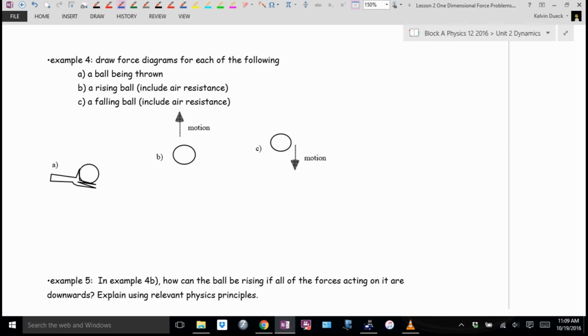Okay? What are the forces in situation A? Get the obvious one. Okay, so I would have gravity down. We could call it a normal force because it's a surface. We call it force throw. Well, you know what? Here's my question. Will the arrow that I draw pointing up be bigger, smaller, or the same size as mg?